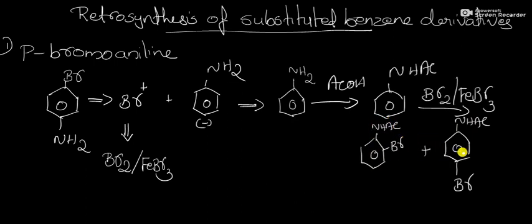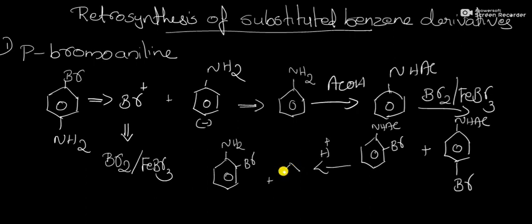We get a mixture of products which on hydrolysis gives ortho-bromoaniline and para-bromoaniline. That's our target molecule.